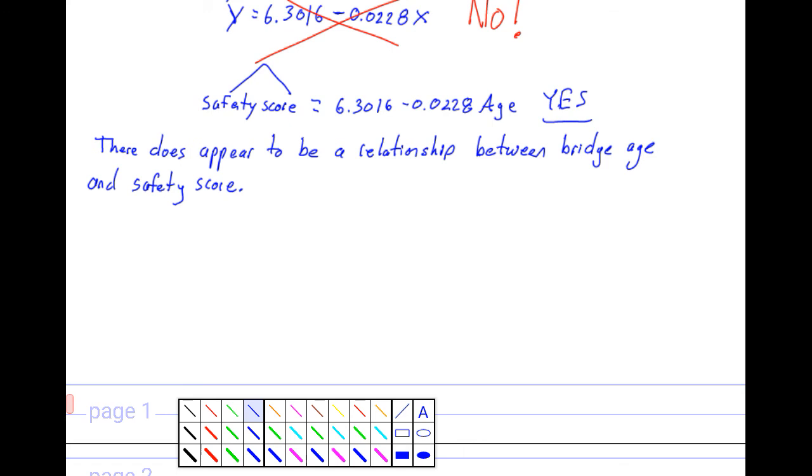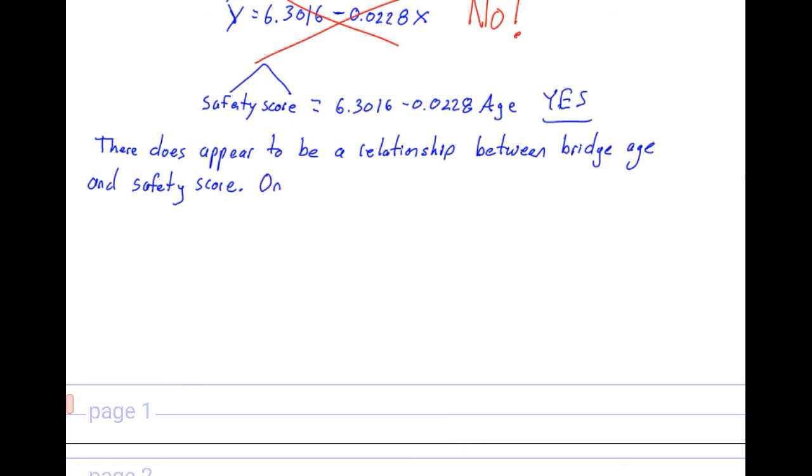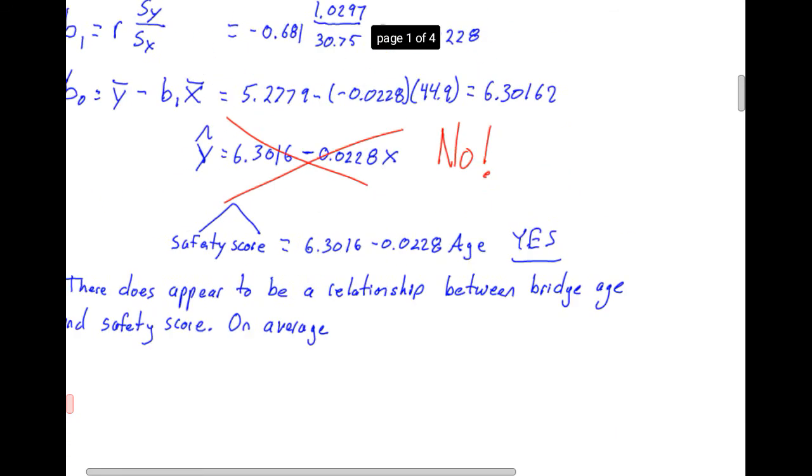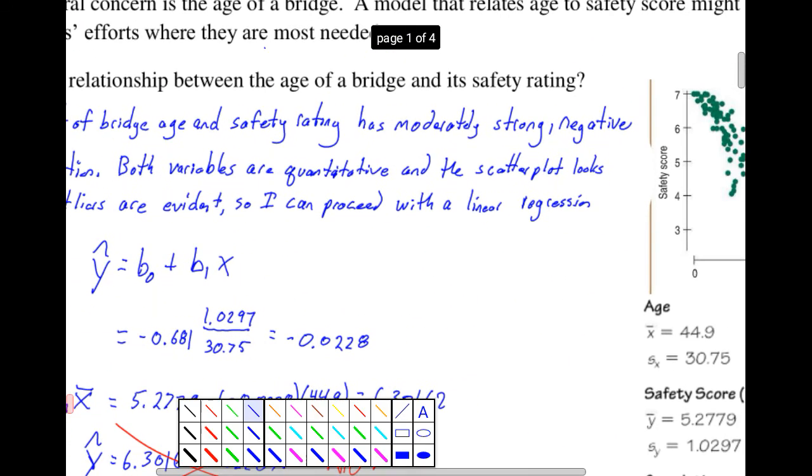We're going to talk about what that slope means. On average, okay, remember what slope is. Slope is rise over run. We remember that from Algebra 2, Algebra 1, pre-algebra, whatever. You've been doing this for years.